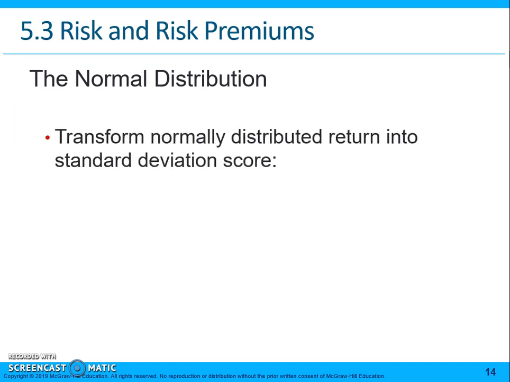We can transform normally distributed returns into a standard deviation score. So the standard deviation score, Z sub i, is equal to the return minus the expected return, divided by the standard deviation.